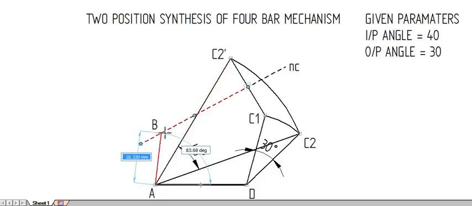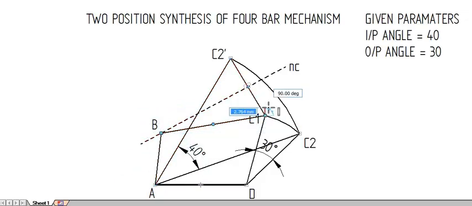So AD, AB, BC1 and C1D will be our required mechanism, which I have marked in red.